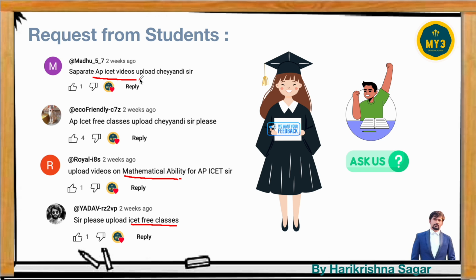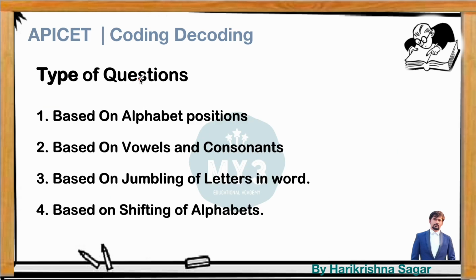First we'll finish the easy scoring modules, so that by knowing a few concepts you can score more questions. That is my agenda, and the main intention is helping students who are not willing to take coaching outside. So let's start with the coding and decoding questions.